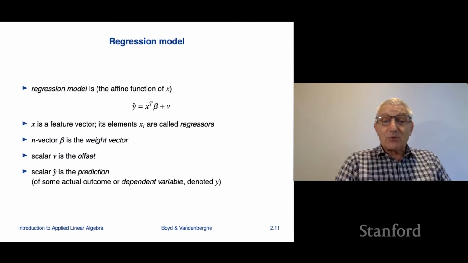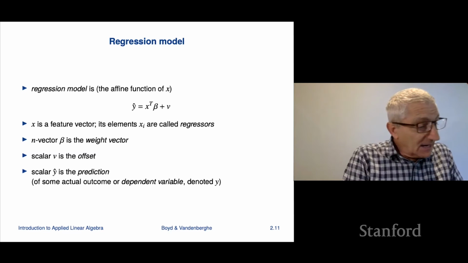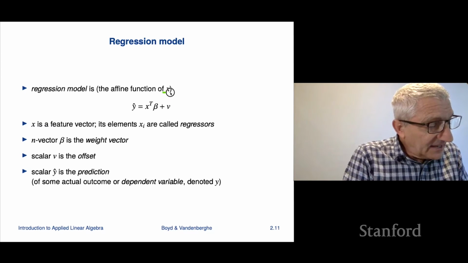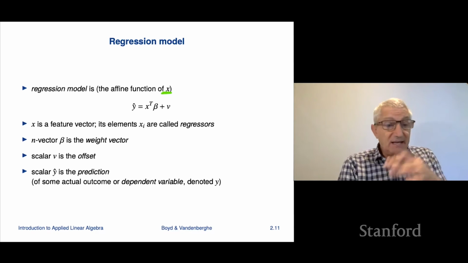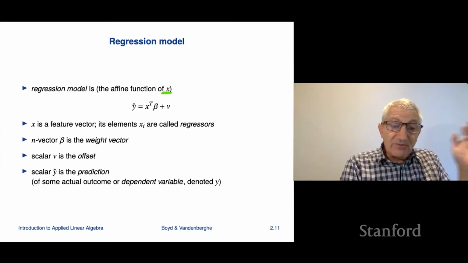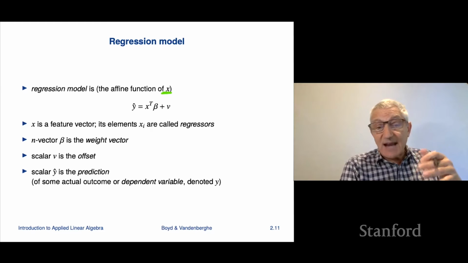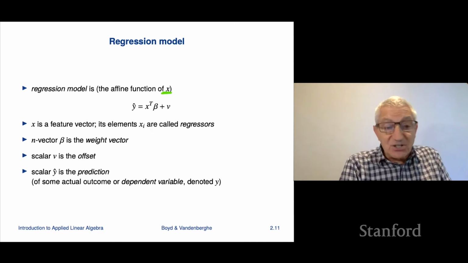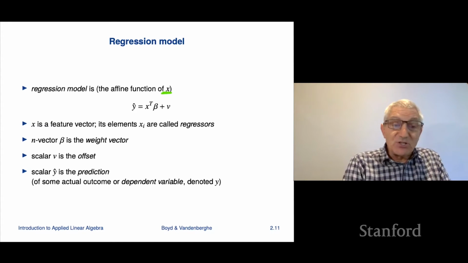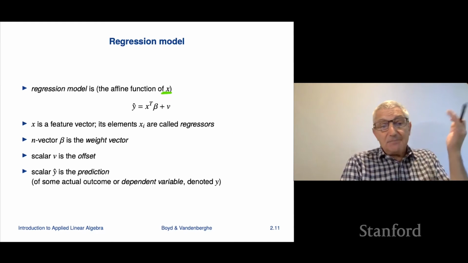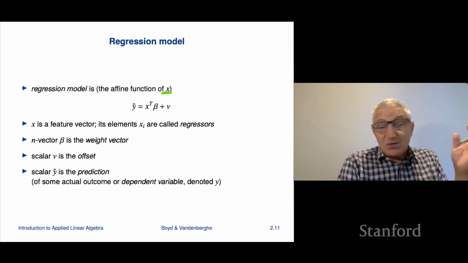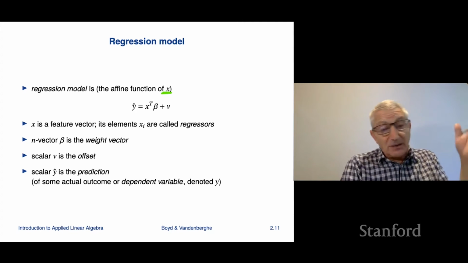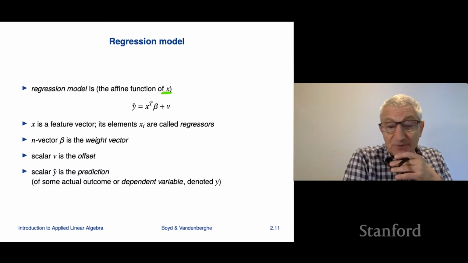Okay, so a regression model is this. The idea is I have a vector x, and I think of x as a feature vector. So its components are various numbers associated with an item, right? Could be a patient admitted to the emergency room. It could be that each item corresponds to a company on a publicly traded exchange or something like that.